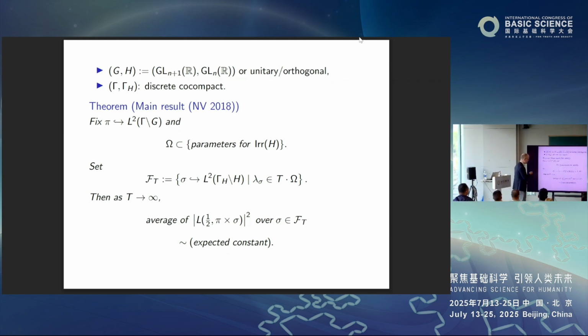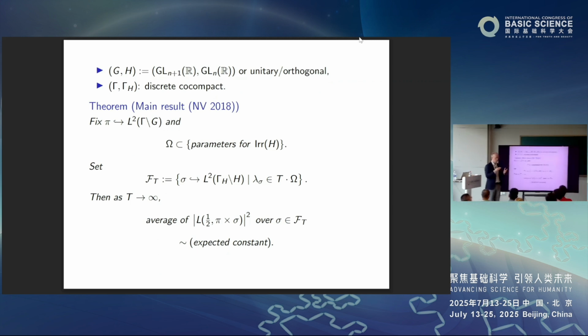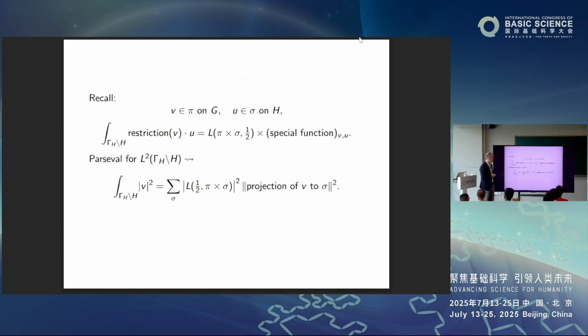Just to give some idea of how the proof went, it combines in a direct way two of the things we've emphasized in the talk. On the one hand, we mentioned microlocal irreducibility, and on the other hand, this asymptotic formula for norms of projections.